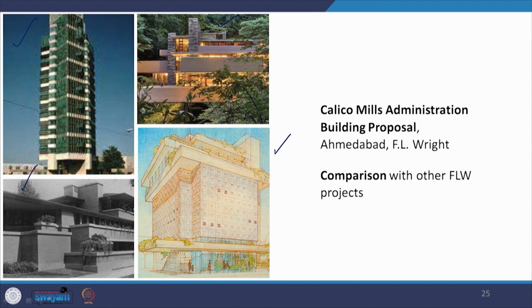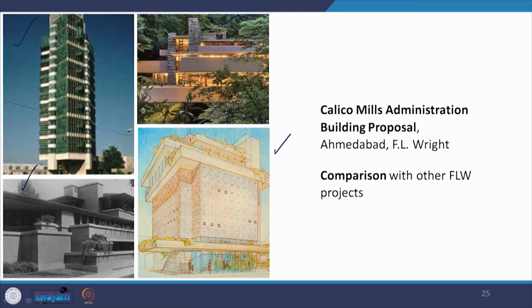We see the idea of horizontal floating planes in the Robie House around 1908, I believe, and we see a similar idea of vertical and horizontal planes in the Calico Mills building. So this is the same idea that we find in other works of Wright.